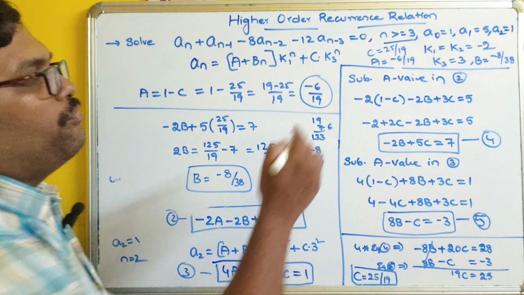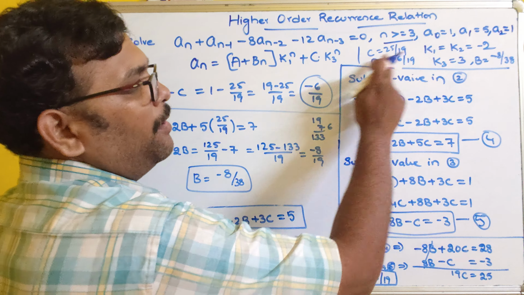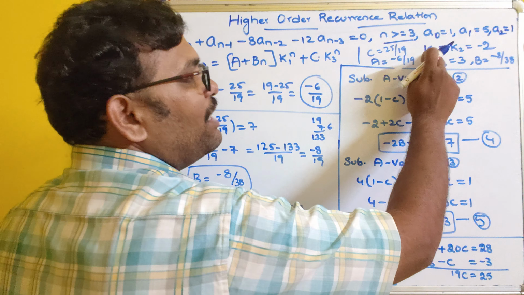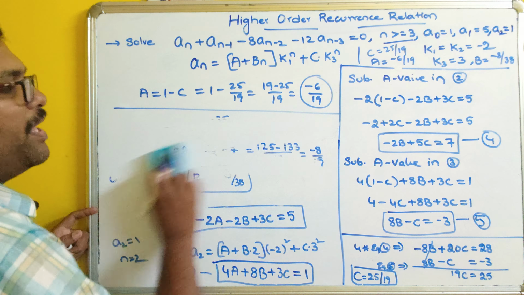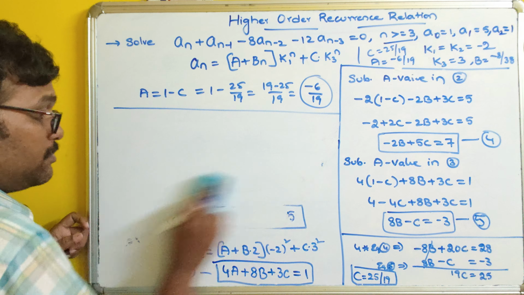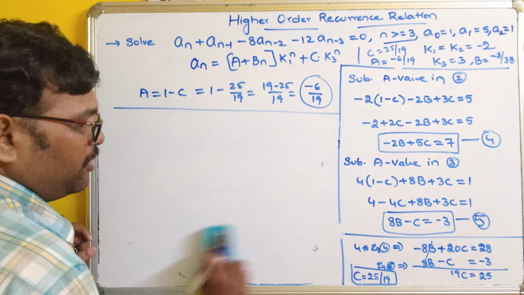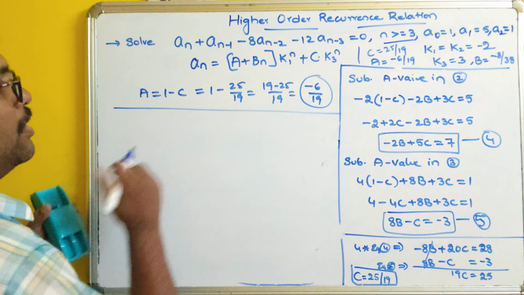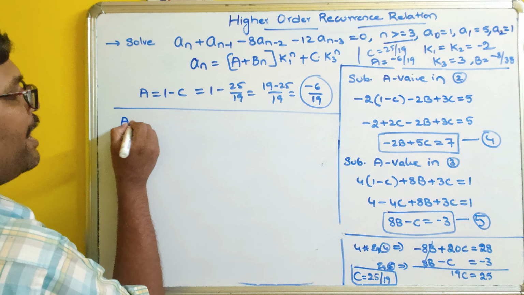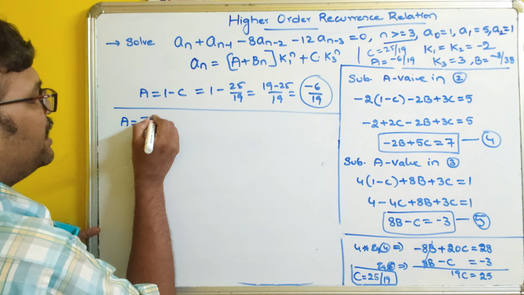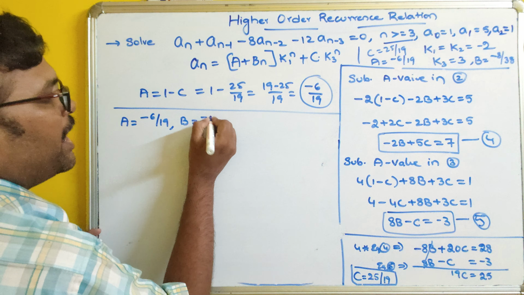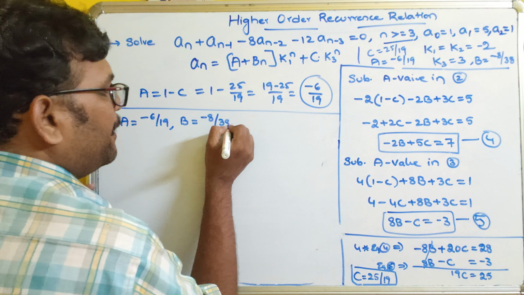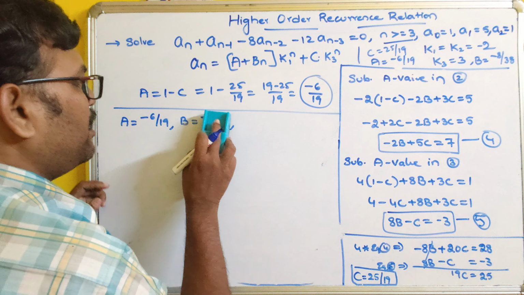Now we know the values of a, b, c, k1, k2 and k3. So simply you can apply all the values in the general equation. So I'm writing here: A value is minus 6 by 19, B value is minus 8 by 38, so it can be reduced.